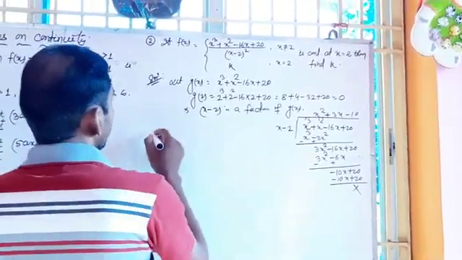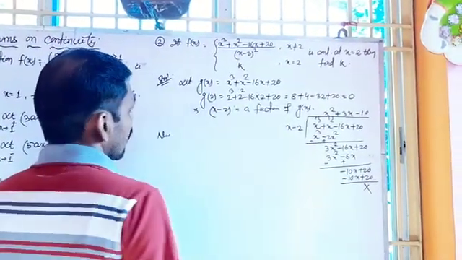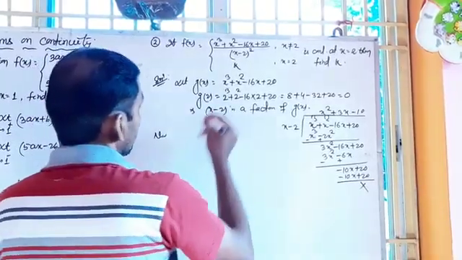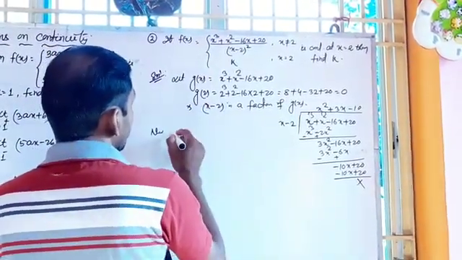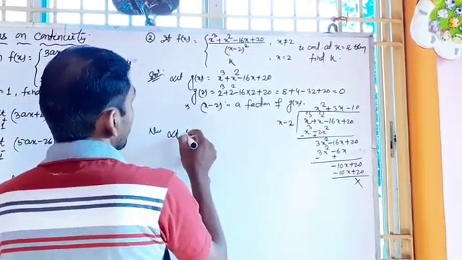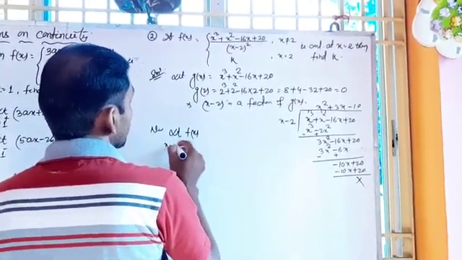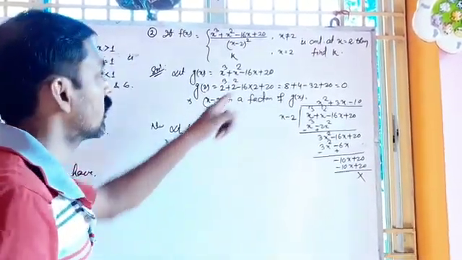So we can write it is limit of f of x, x tends to 2.